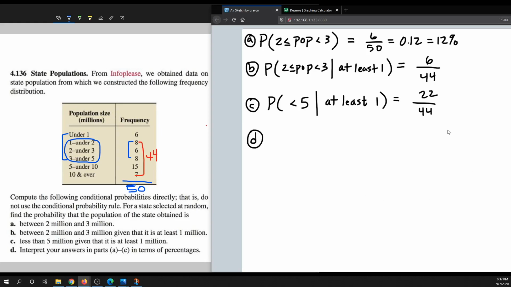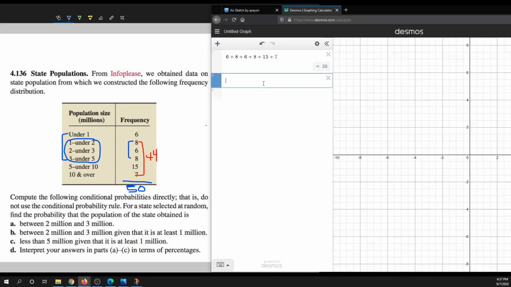So 12% of the states have a population between 2 and 3, okay? 6 out of 44 would be 0.136, to 2 decimal places, or 13.6%.